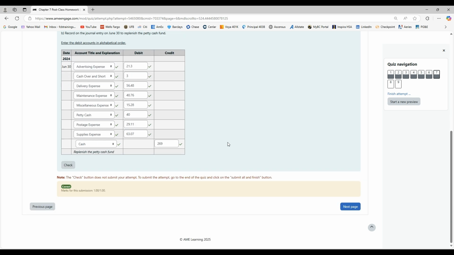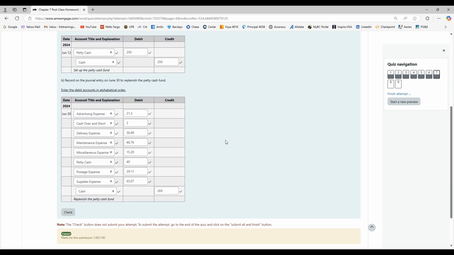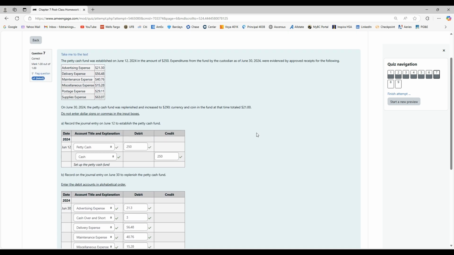Okay, so then, yeah. All right, that one was a little annoying, just because you had to have them in alphabetical order. That's throwing me off. And then usually you do a separate entry to replenish the fund, but they did it in the same entry together. So this part is where you say petty cash. And then the cash over and short part is where you have to look at the sum of all the actual receipts in the box.